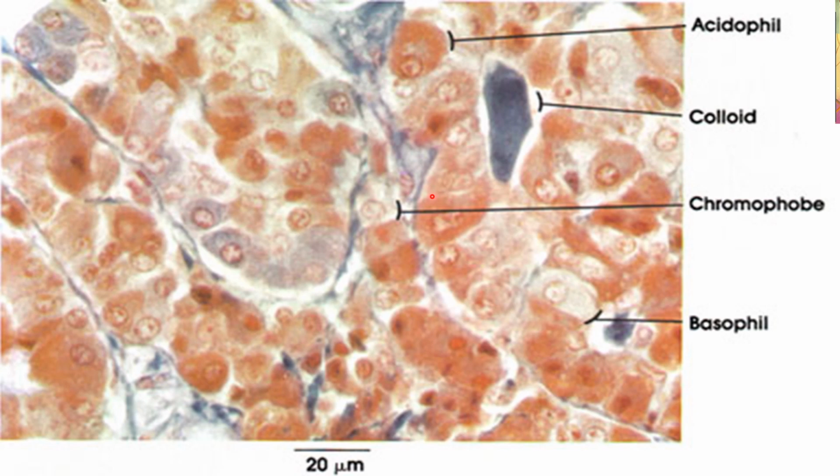Another slide with the trichrome stain, in which you can see the chromophobe cells which are pale staining or do not take any stain, the acidophils which are orangish in color, and the basophils whose cytoplasm stains a bluish color. In this you can also see these are the basophils whose cytoplasm is bluish in the trichrome stain, and then the chromophobes which are usually pale staining or do not take any stain.